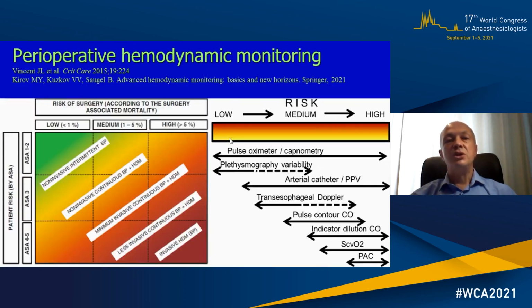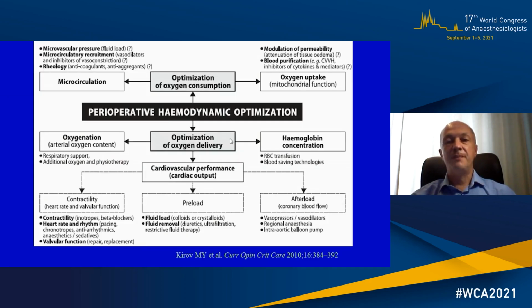In reviews devoted to hemodynamic monitoring and in our recent book on monitoring, we see that the level of monitoring depends on the risk of surgery and on the risk from the patients, changing from non-invasive strategies in low-risk patients to invasive blood pressure monitoring in medium-risk patients and even monitoring of cardiac output in high-risk patients.